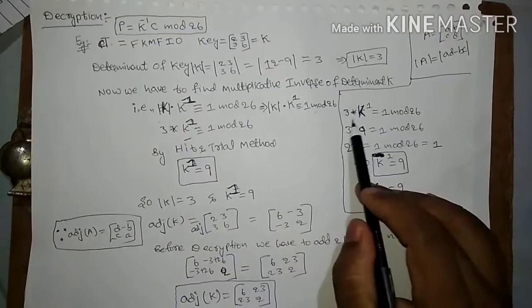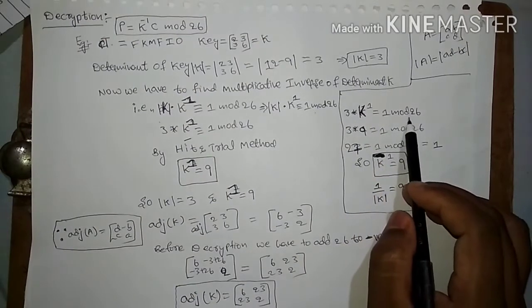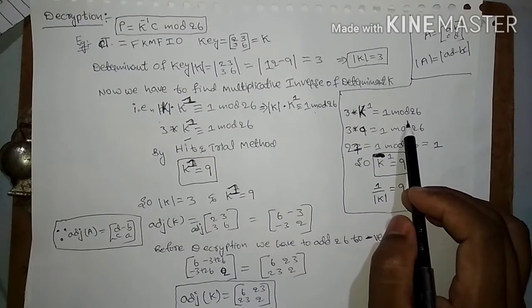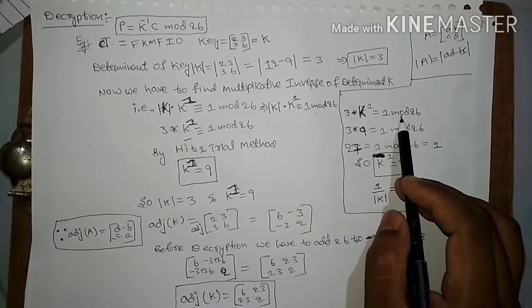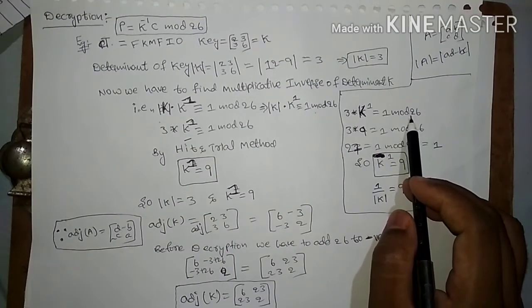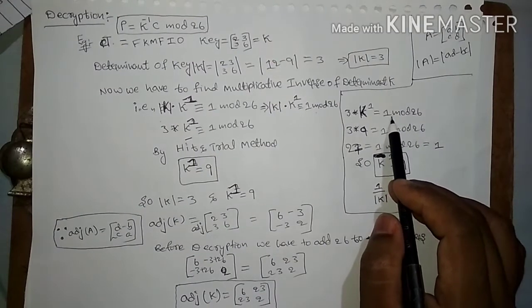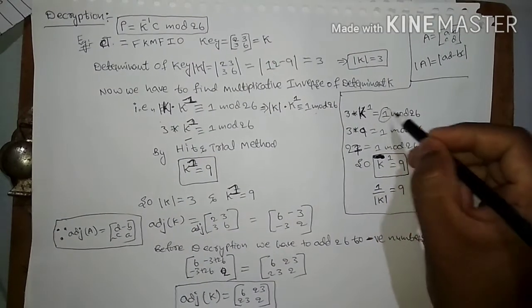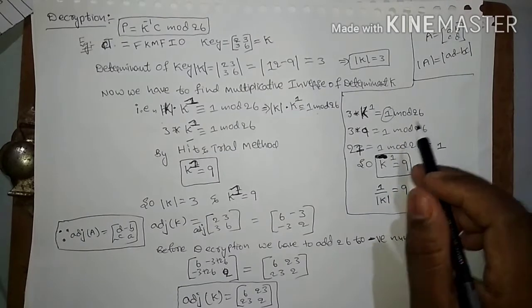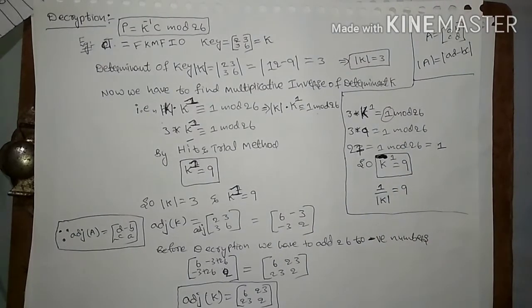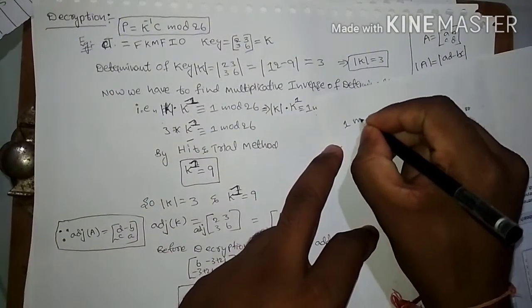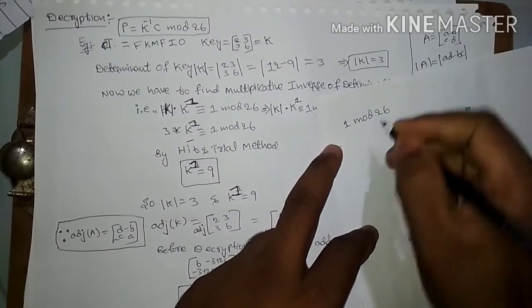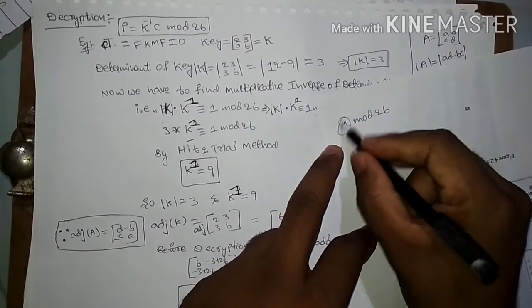Okay, 3 into k dash is equal to 1 mod 26. 1 mod 26 means after performing the modulus operation, we have to get the remainder as 1. So in 1 mod 26, how will we get 1?